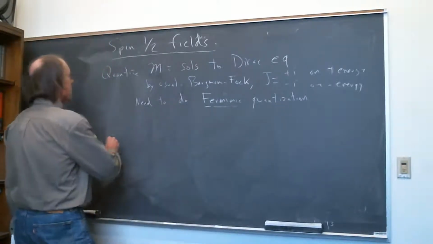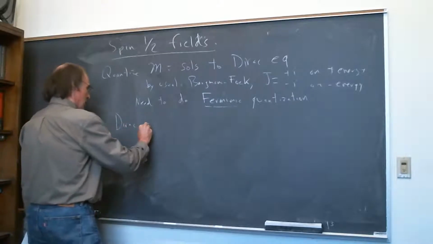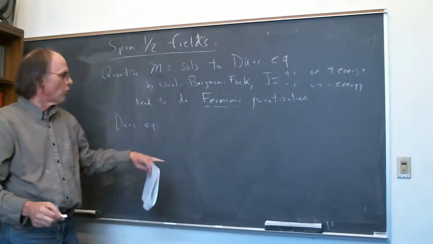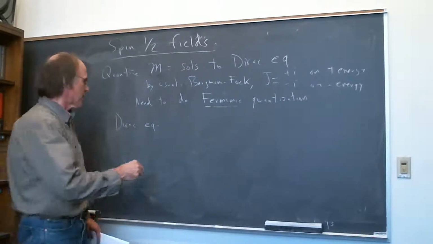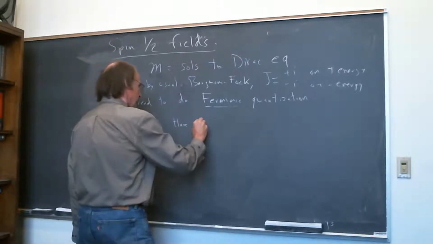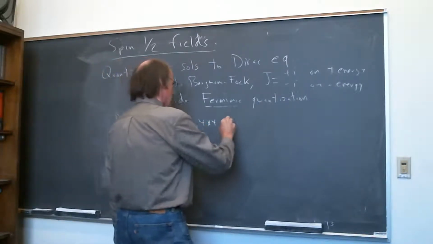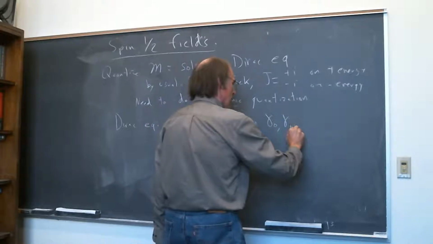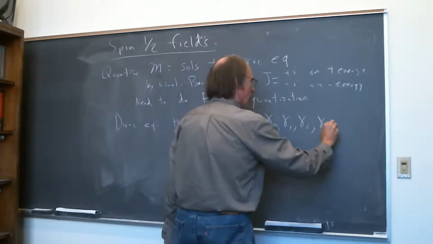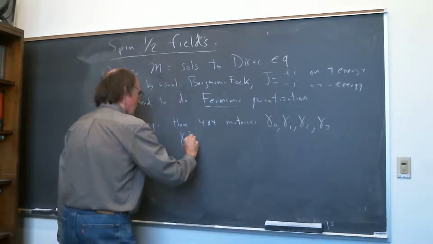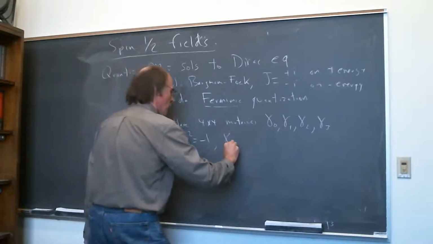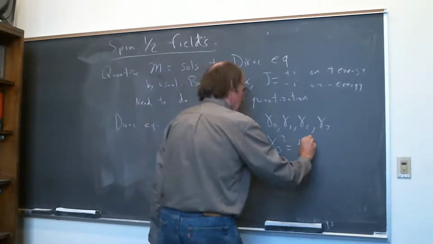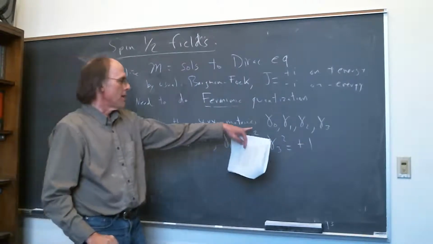So remember the Dirac equation. Remember that I defined these gamma matrices. So you have 4x4 matrices such that, in my convention, this is -1 and gamma 1 is +1.